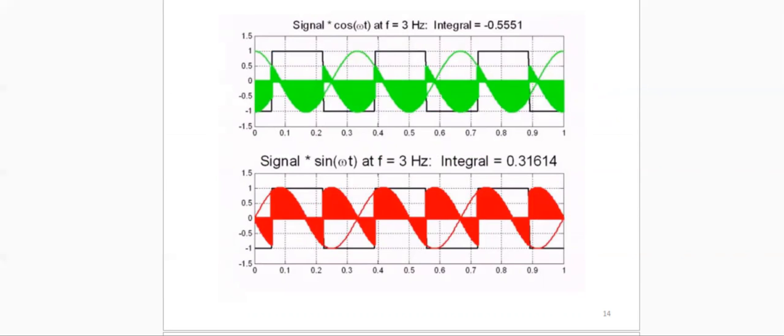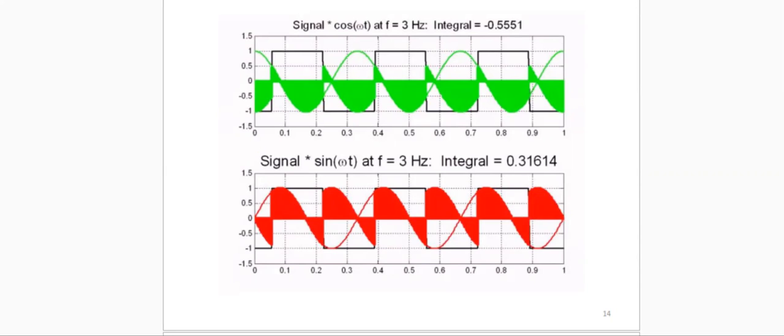And how can you try it? Let's say this square wave, which one is given here. The square wave actually has the 3 hertz frequency, because within 0 to 1 second we have 3 pulses. So 1 pulse, 2 pulse, and 3 pulse.